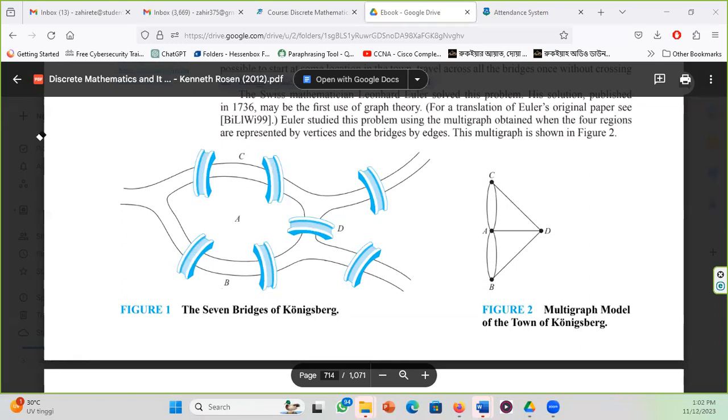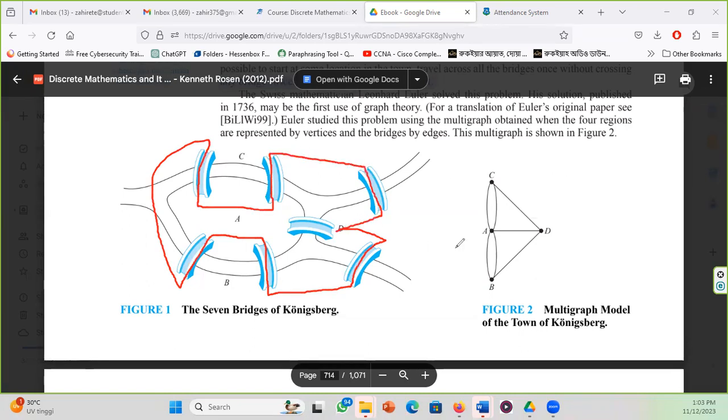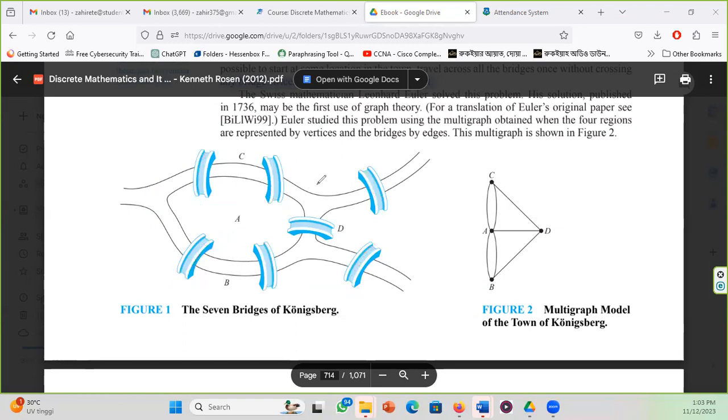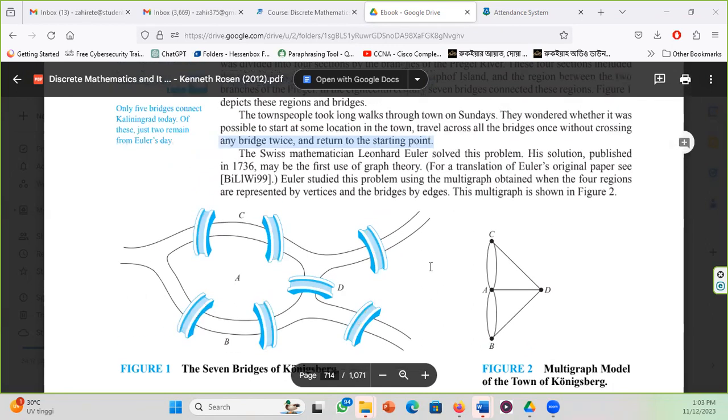Again, start from D. This area has been untouched. So this is how you need to travel all of the bridges exactly once. This type of method is called the Euler path or Euler circuit.